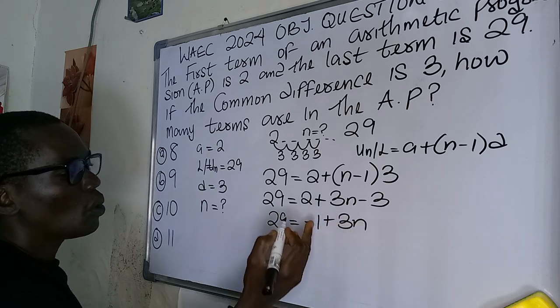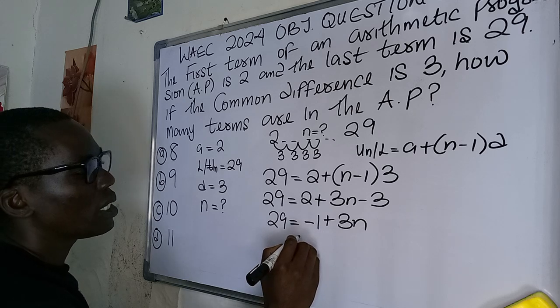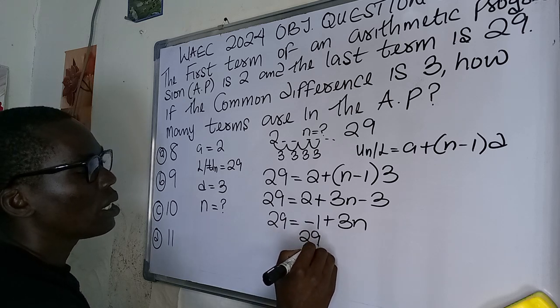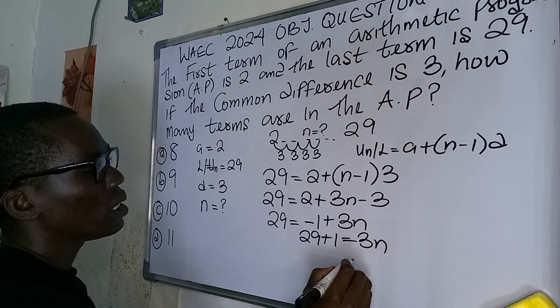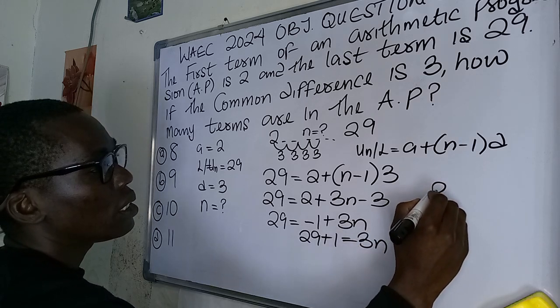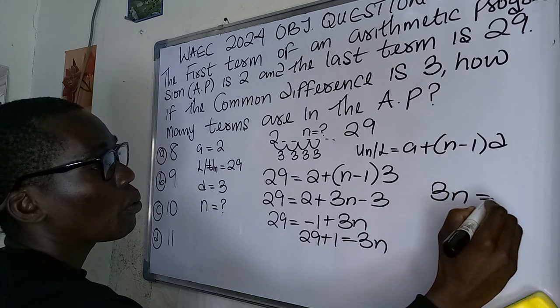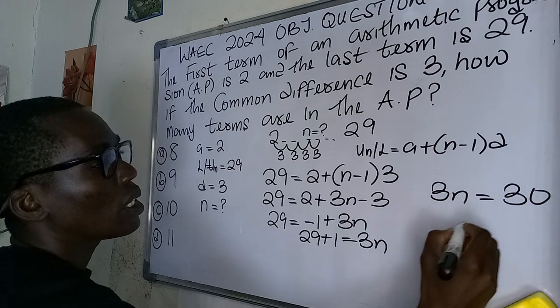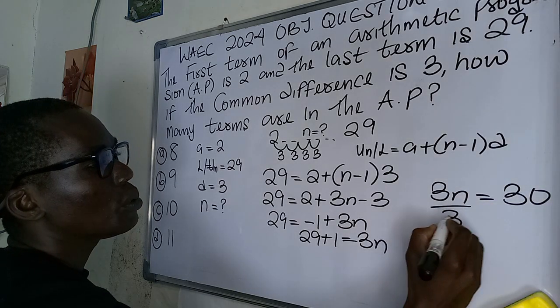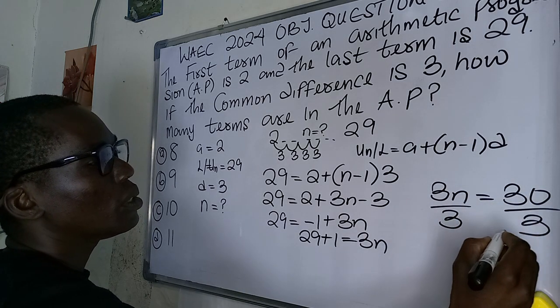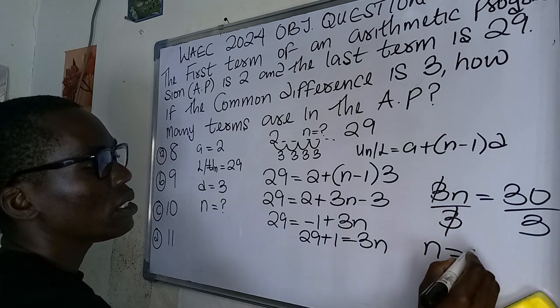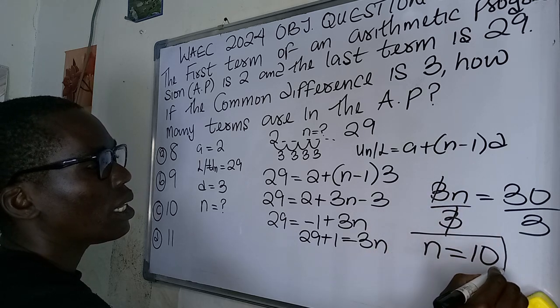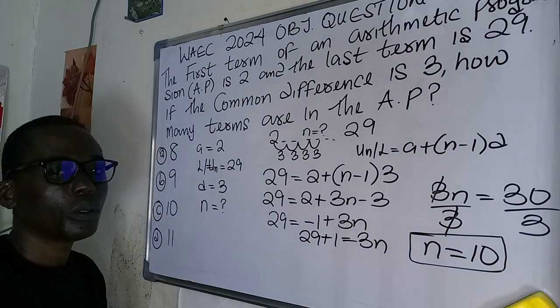The negative 1 comes over to give 29 plus 1, which is equal to 3n. So 3n equals 30. If you divide both sides by 3, the value of n is equal to 10, and that is the solution to that question.